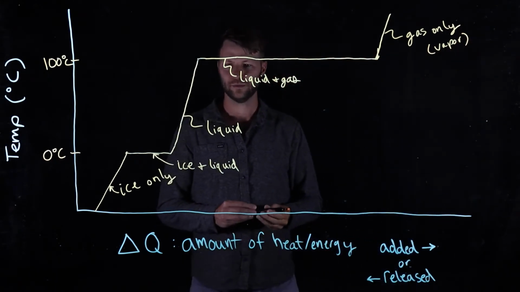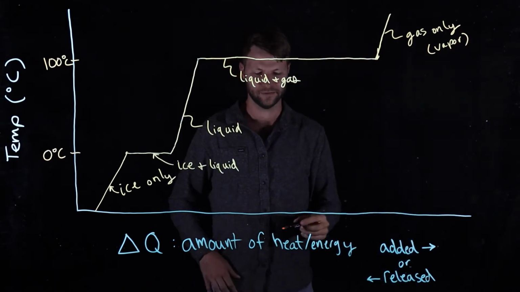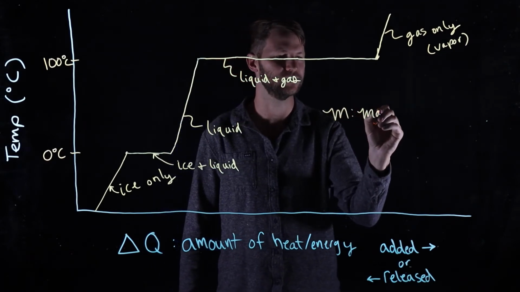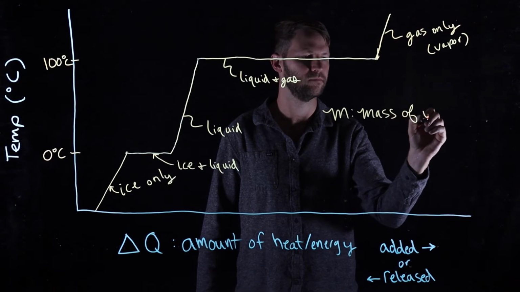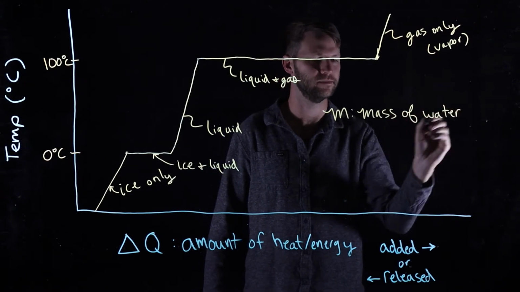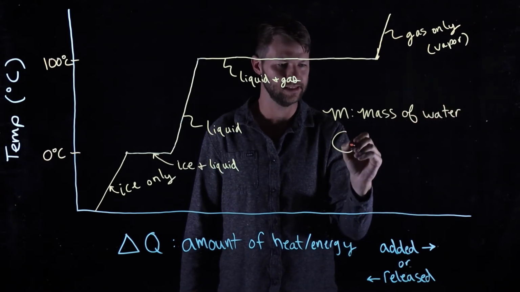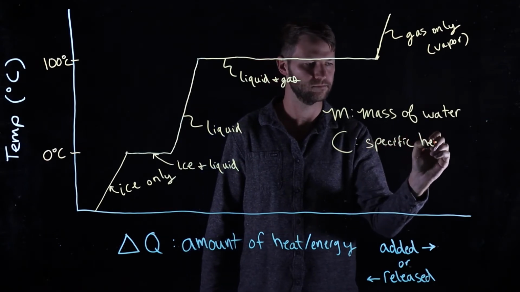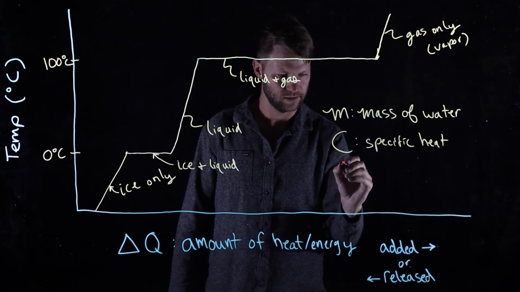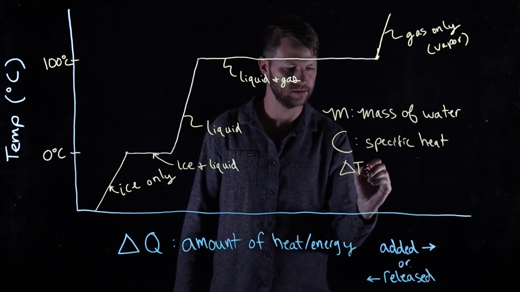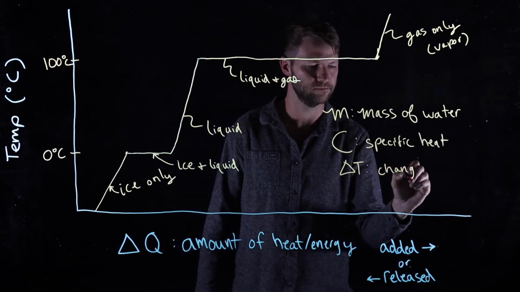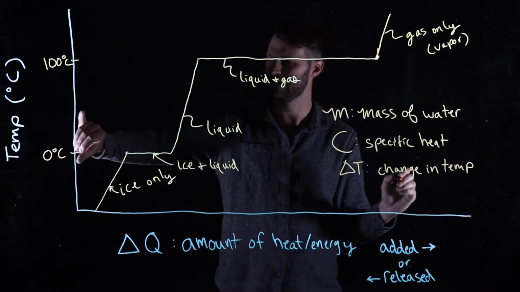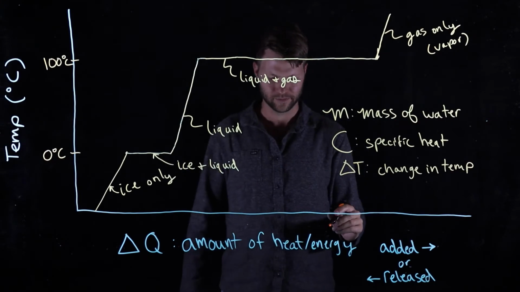There's a few other things that we can note on this graph. If I define M as the mass of water that we're considering, and remember that C is the specific heat, let's let delta T be the change in temperature, or equivalently a certain distance on the y-axis.